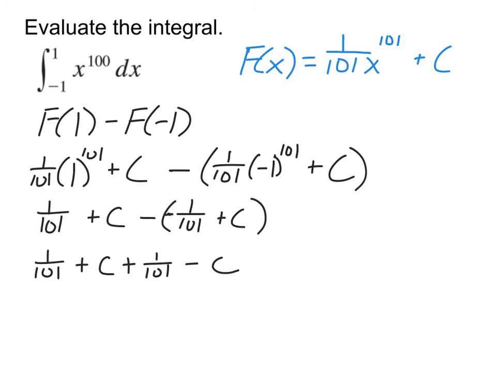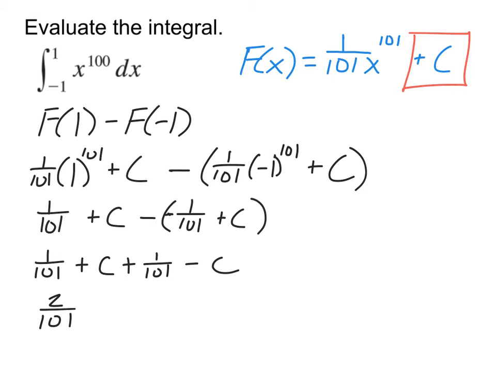So I have 1 over 101 plus 1 over 101. That just gives me 2 over 101, right? But then I have this c minus c. And what's c minus c going to give me? 0. They cancel each other out, which shows that no matter what ends up getting put on the end when we find the antiderivative, it's going to cancel itself out because I left it as the general c.